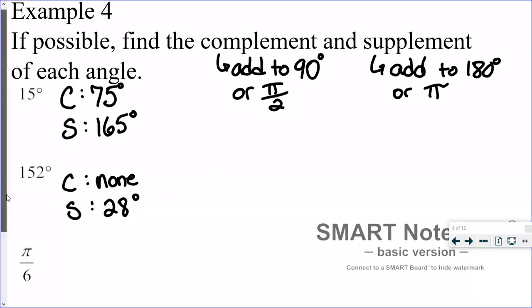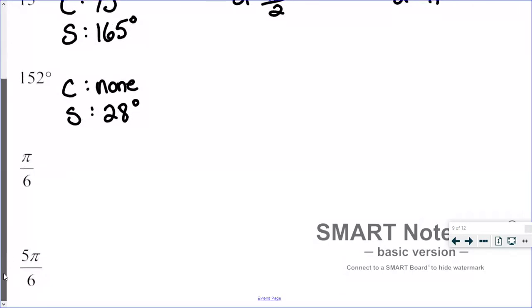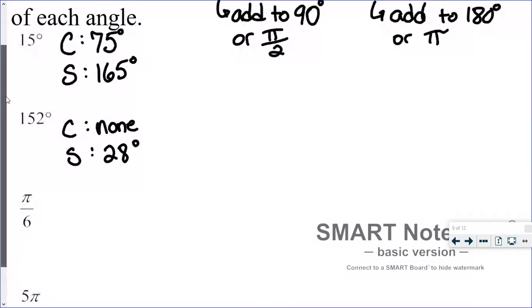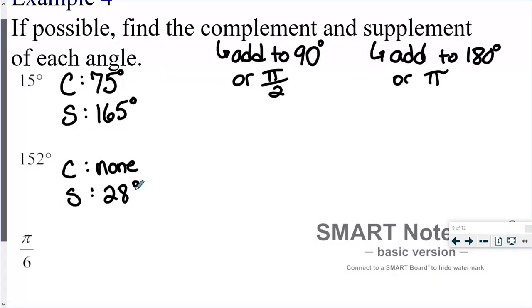Now we'll talk about some radian measure. We were able to do these in our head very quickly, but really, how you would think of it mathematically is, to get the complement, you do 90 minus this angle. That's how we got 75. And to get the supplement, you do 180 minus this number, which is how we get 165.